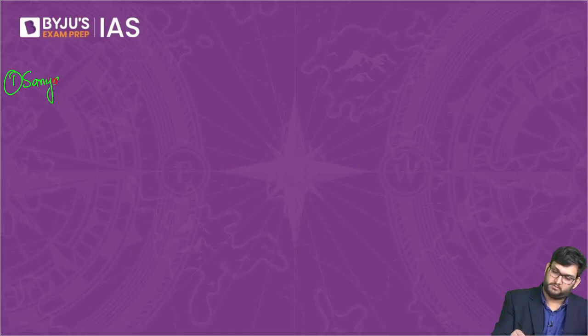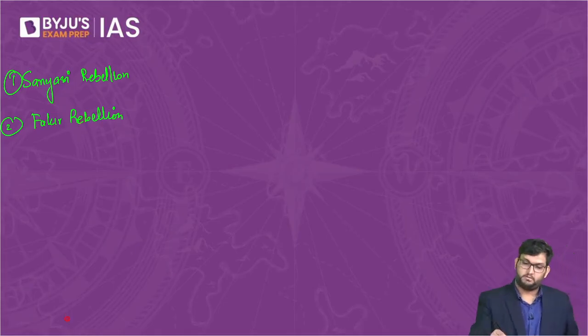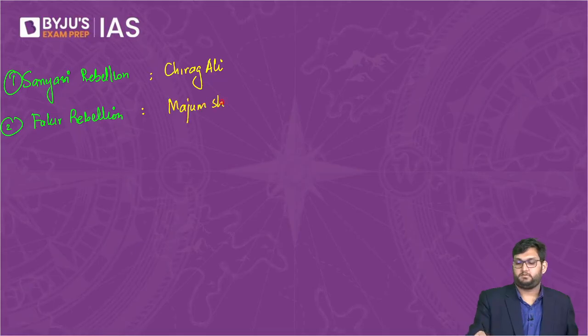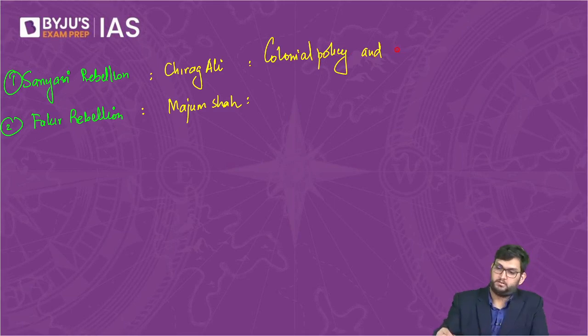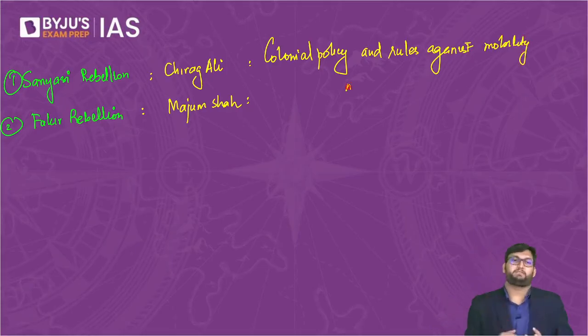So, first is sannyasi, second is fakir. Can you remember this much? What is written on the screen?